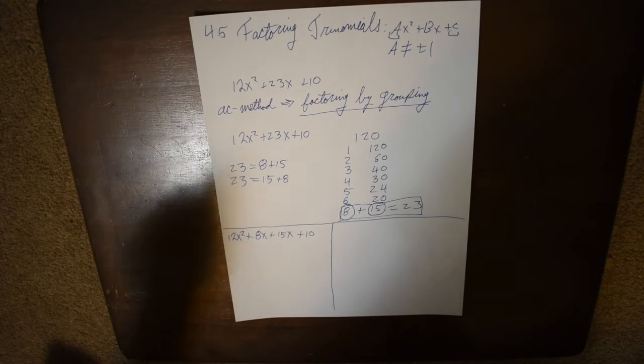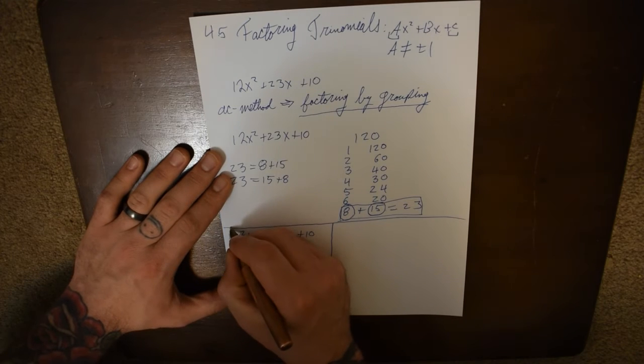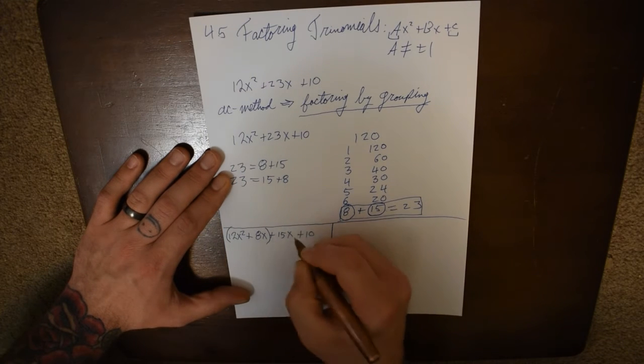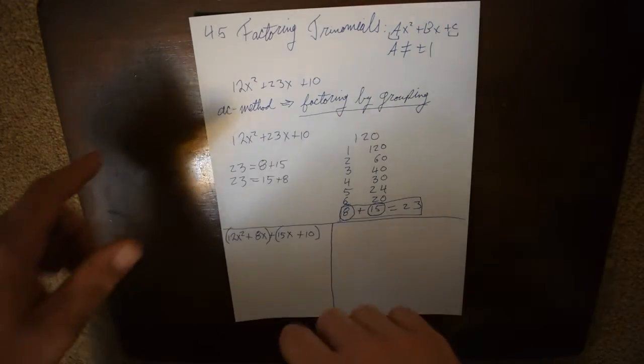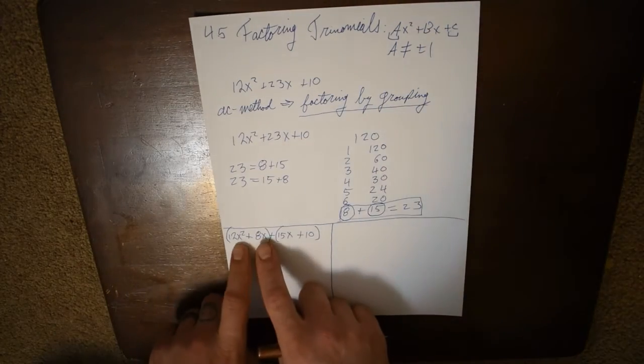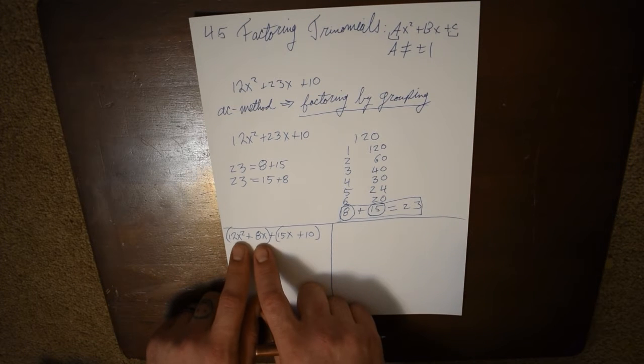Now we want to factor by grouping. I'm going to group the first two terms together and the second two terms together. Now, you want to factor out the largest possible factor that is common to both of these terms.